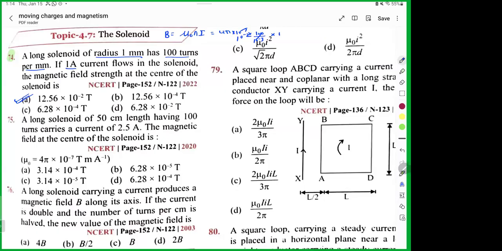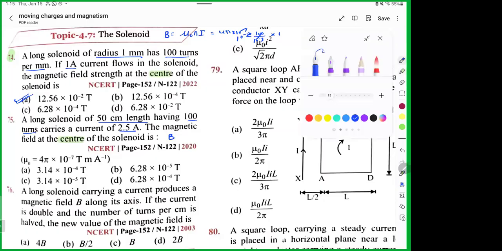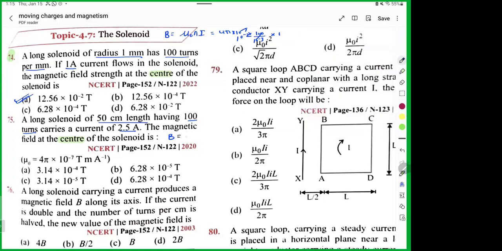Anvita, 75. This centimeter length having 100 turns and this current, what will be the magnetic field at the center? Remember, every time we are calculating at the center. Yes, Anvita. So just a minute.